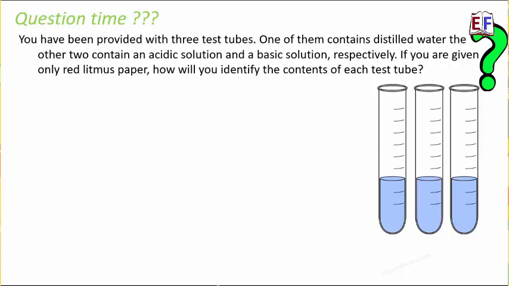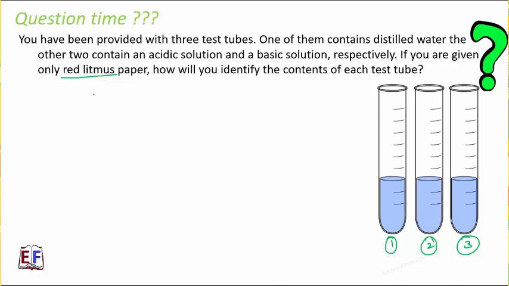Let us first mark these test tubes as 1, 2, 3. Out of these 3, one has distilled water, one has acid, one has base. We have to identify which one is what. Since we have red litmus paper, all that we can do to start with is dip red litmus paper in all the 3 test tubes one by one.